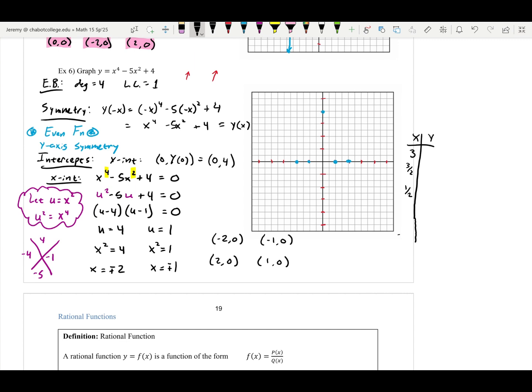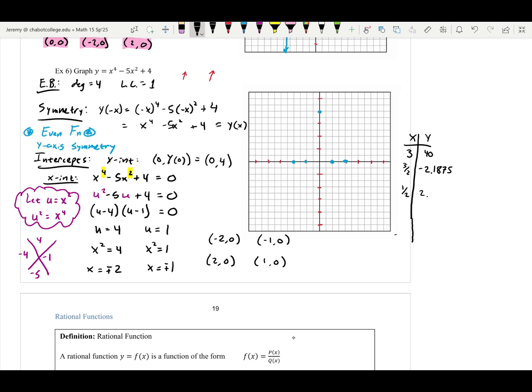So let me do it. I put in 3 and I get out 40. I put in 3 over 2 or 1.5, same thing, and I get negative 2.1875. And I put in 1/2 and I got out 2.8125. Okay, so let me plot those in there.